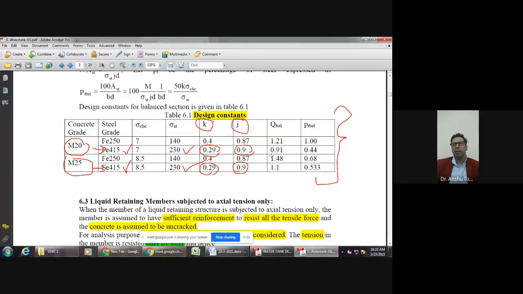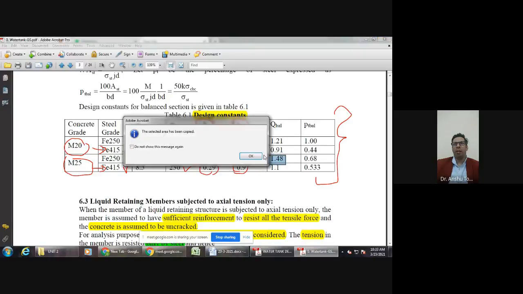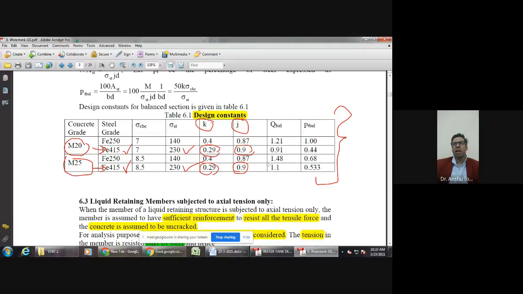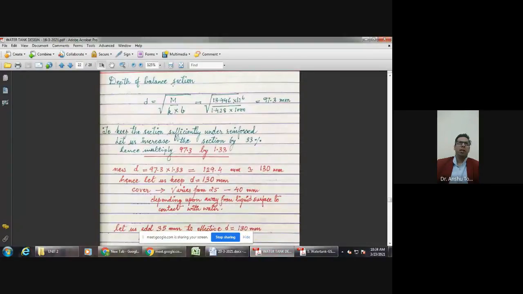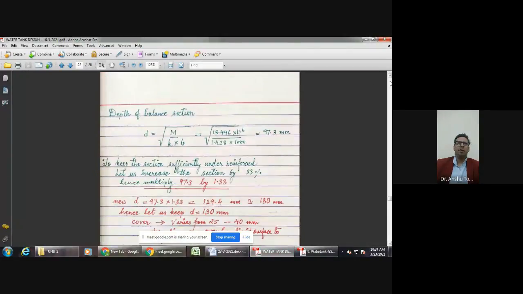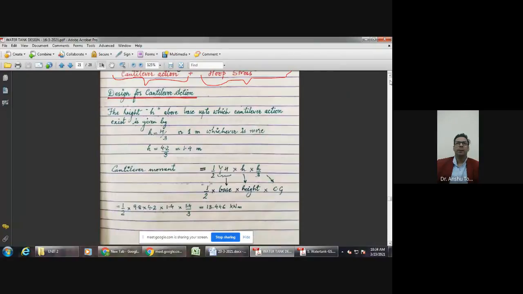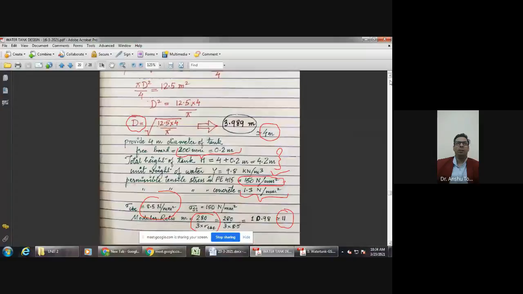As you can see here, 1.48 is the coefficient directly available to you, which we were discussing yesterday. So the depth of balanced section, yesterday we did this particular numerical. We started from here.